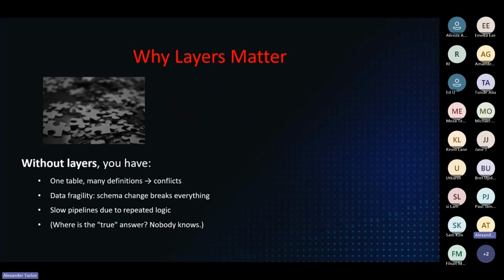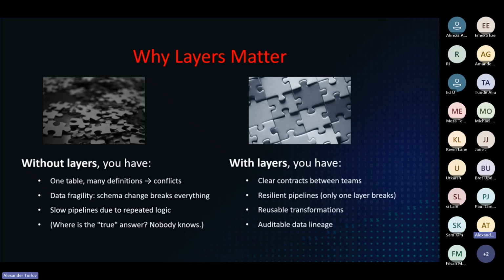Now, when we have the medallion, instead of a mess in our data lake, we have order, because we clearly separate three different layers of data. We have absolutely the clearest possible way of understanding the data.